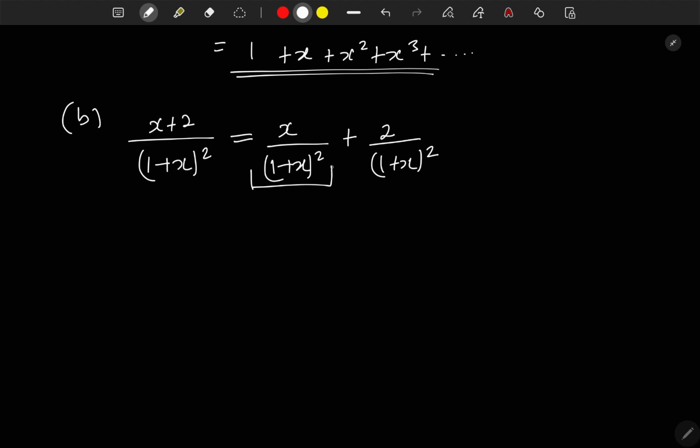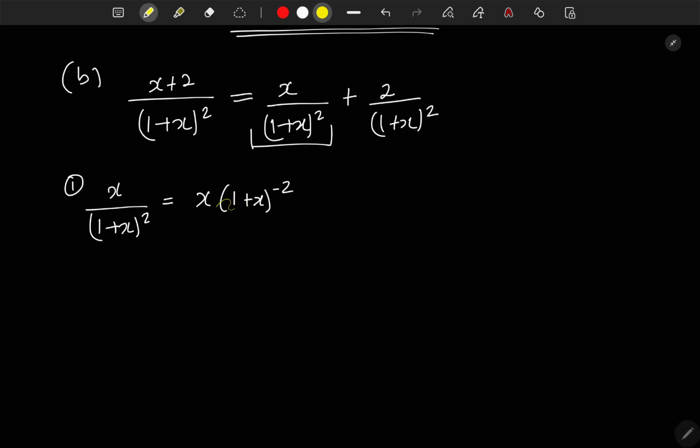We can start with x over 1 plus x squared, which we can write as x multiplied by 1 plus x to the negative 2. So we perform the first part, then later on we are going to multiply that part by x. Can we do that?